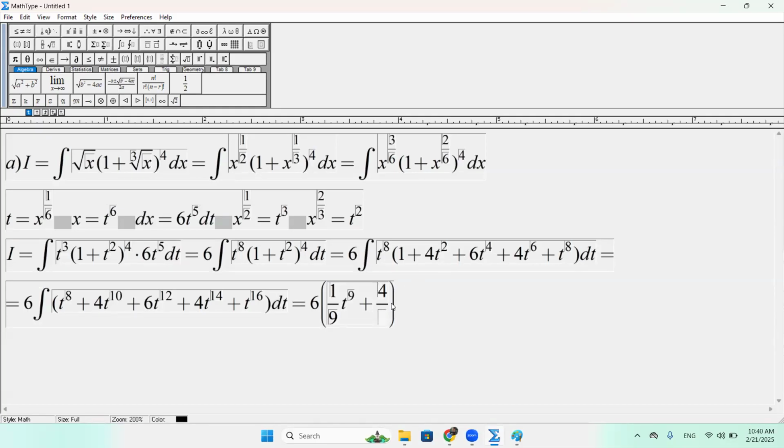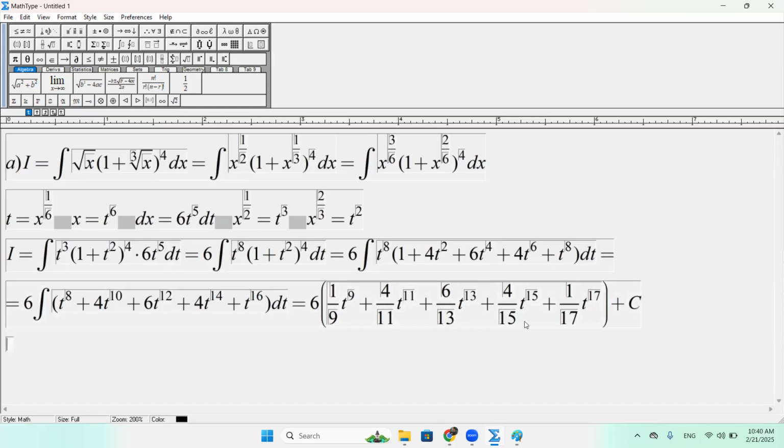So 4 over 11 t in power of 11 plus 6 over 13 t in power of 13 plus 4 over 15 t in power of 15 plus 1 over 17 t in power of 17, and plus c.